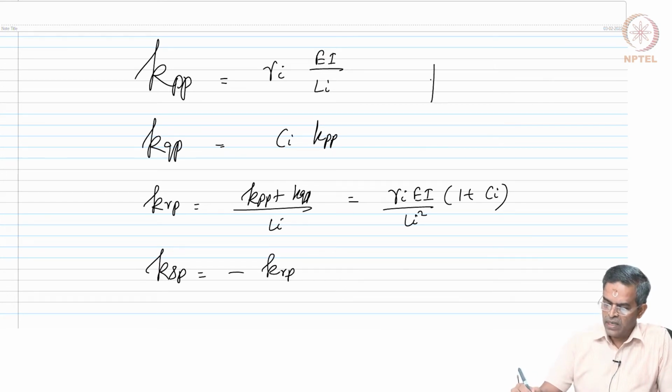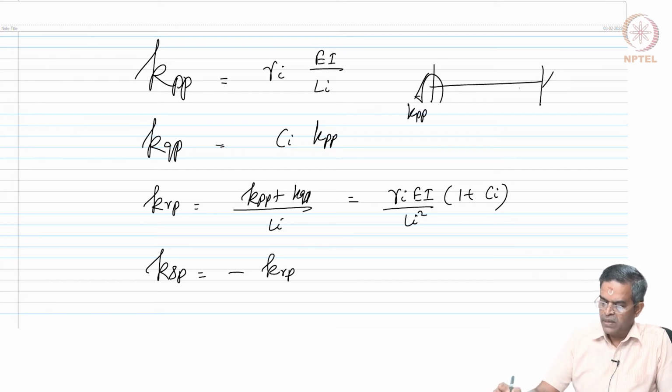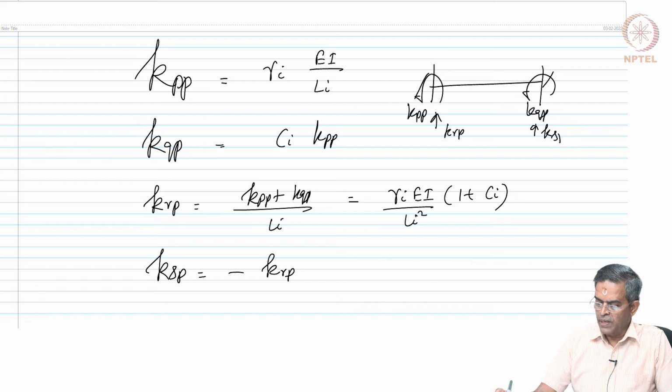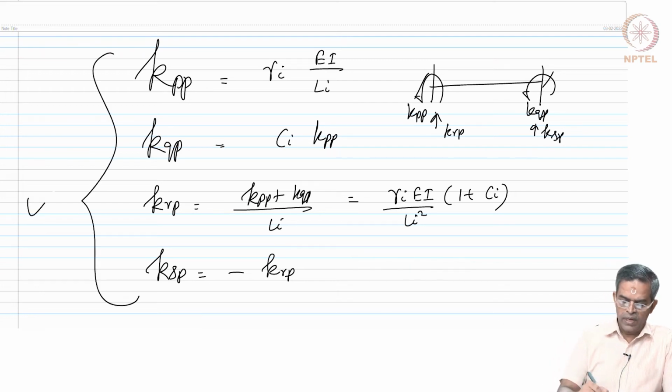This is actually the standard case where this is KPP, this is KQP, this is KRP, and this is KSP. These are the values we have derived.